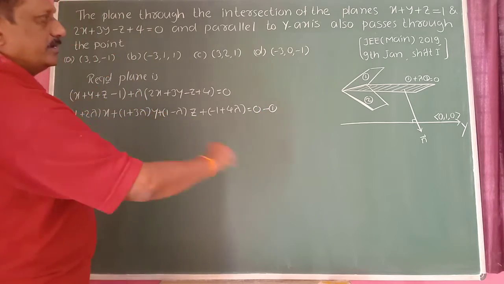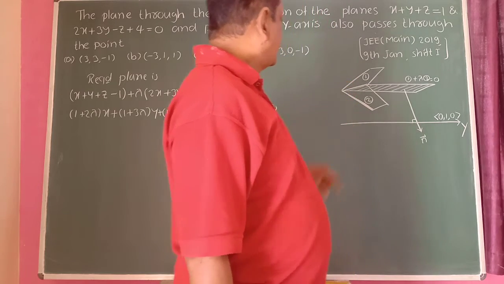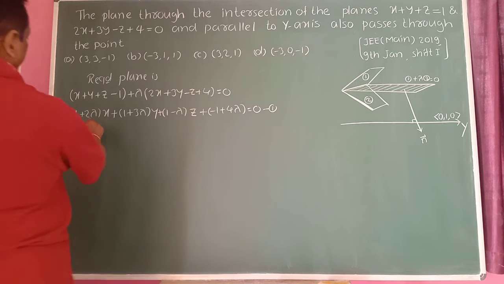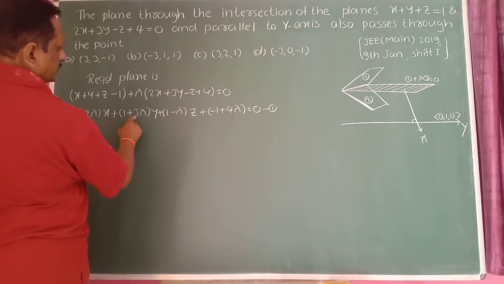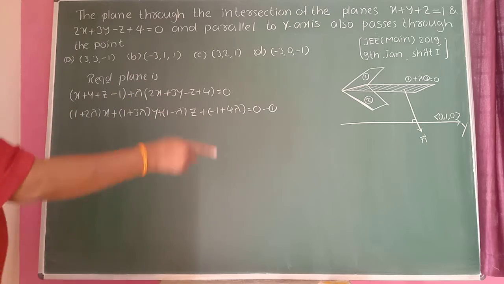This is the required plane, means this is a plane passing through the line of intersection of the given two planes. Then 1 plus 2 lambda, 1 plus 3 lambda, 1 minus lambda are direction ratios of the normal to the plane.